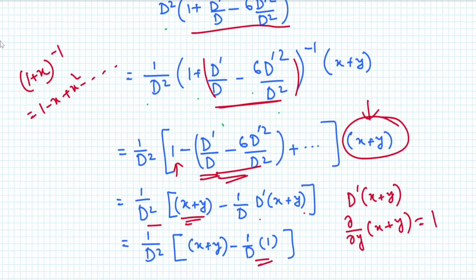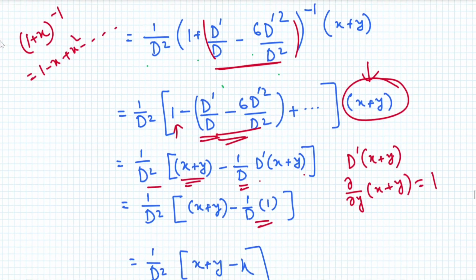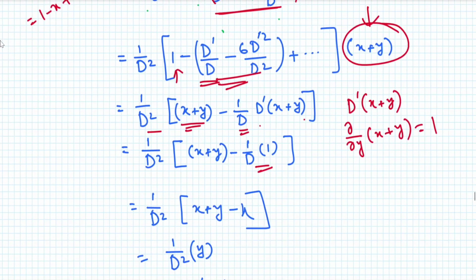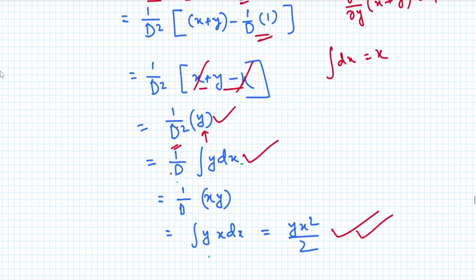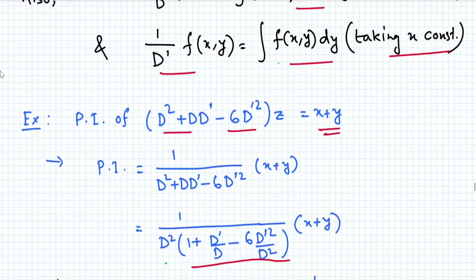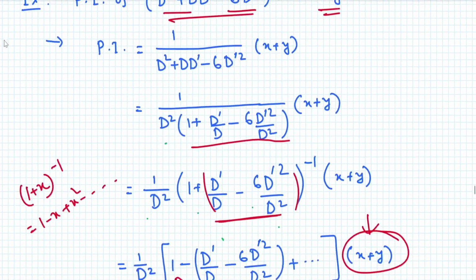And 1/D means integration with respect to x, taking y as constant, so the integral of dx gives simply x. So this gives x + y − x, the x cancels out, and 1/D² into y, integrating with respect to x twice, taking y as constant, gives y x²/2. So this is the particular integral for the above partial differential equation.